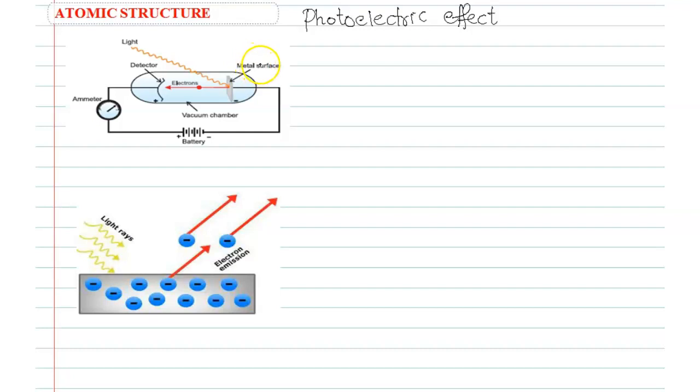Low ionization energy means removal of electrons is very easy. If we apply a little bit of energy, then we can remove electrons very easily. So such types of metals should be used.